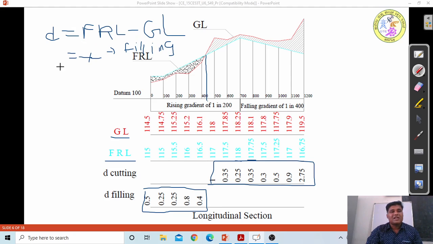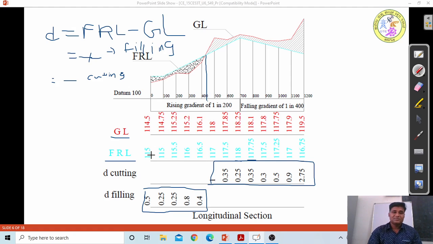If the answer is negative, or minus, then it is cutting. If it is positive, it is filling. If it is negative, it is cutting.